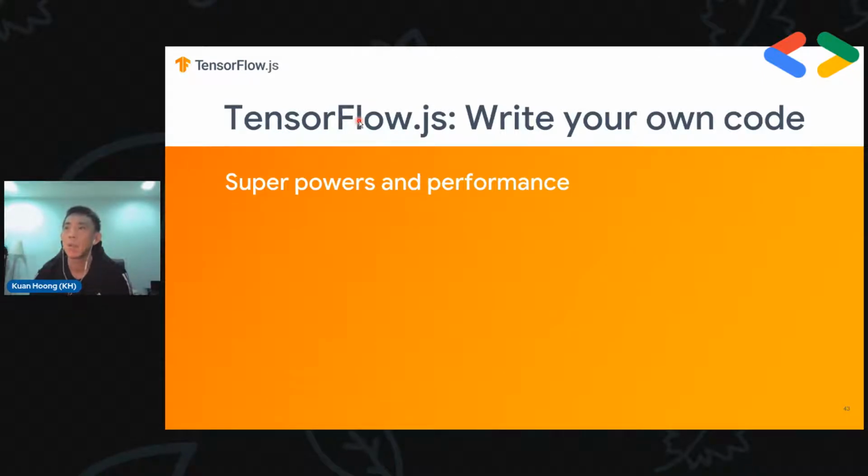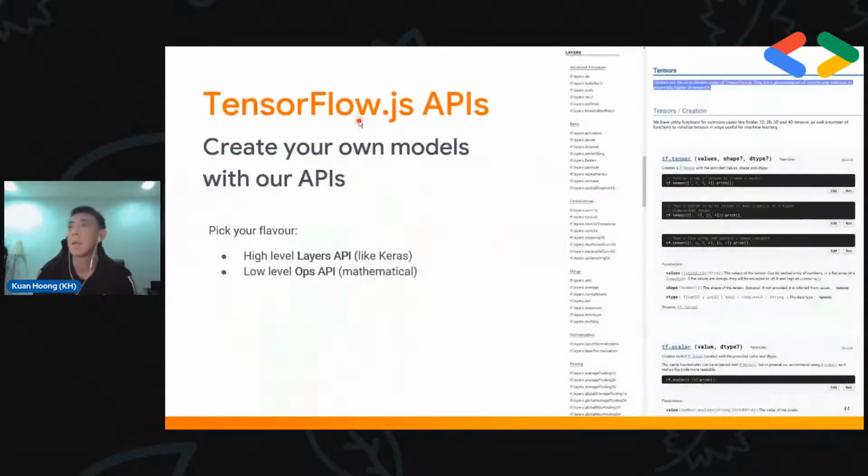The last technique is for when I want to do something where there's no model already trained, and I cannot retrain a model. The only way is to write my whole code from scratch. You can code your whole TensorFlow.js model from scratch.